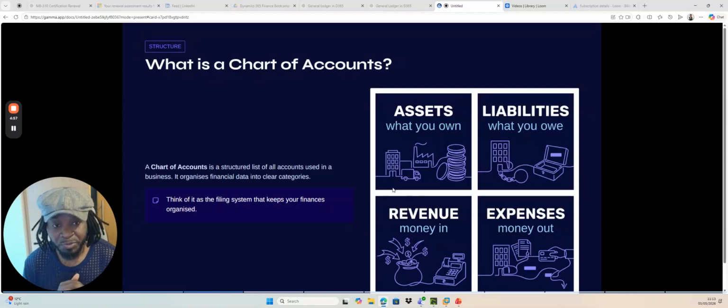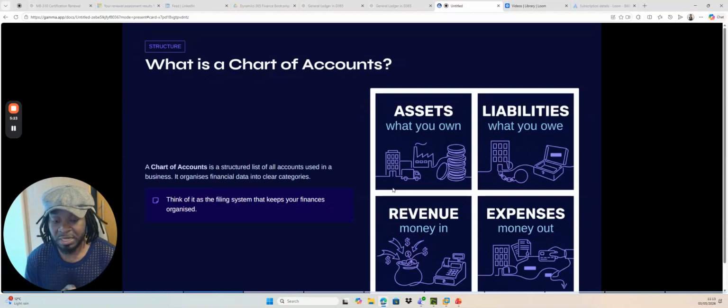And then another page is for liabilities, what you owe, like the things that you've taken from your suppliers and you've not paid. Those are your liabilities, just as an example. Then revenue is every money that is coming in, regardless. You've not separated it from profit, you don't know which one is profit, it's every money that is coming in before anything.